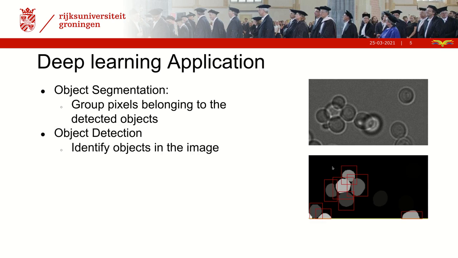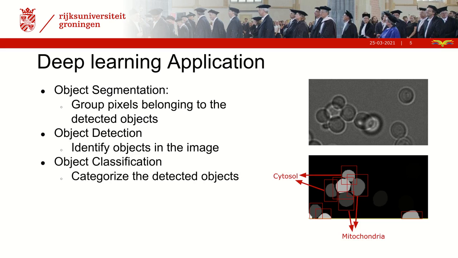In object detection, we want to identify where the objects are. What we do is we surround this object with a bounding box. We can say this is an object and this is another object. Object classification means that we want to categorize these objects. We can say these two objects are cytosol and these two objects are mitochondria.